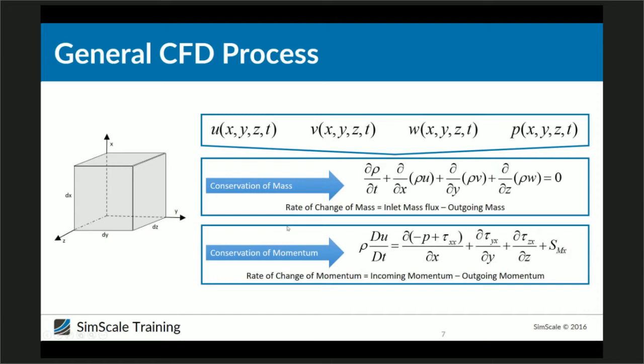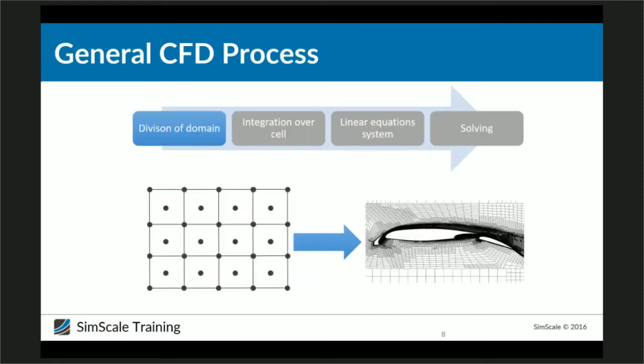And instead of solving this equation for a continuous fluid domain, which we cannot do, we will divide the model into small elements, which we can describe, for example, hexahedral or tetrahedral elements, and apply these conservation laws on these volumes. And that's the point. In FEA, we talked about elements, and here we're talking about cells or volumes. And this is a finite volume model. There are also other approaches for CFD, but finite volume is, I would say, the most popular.